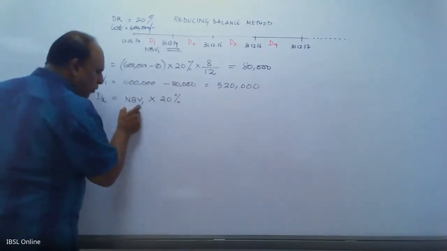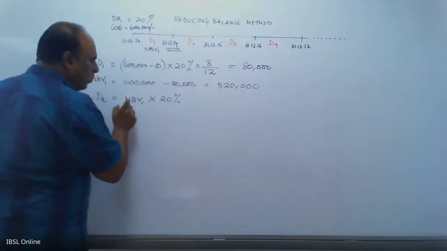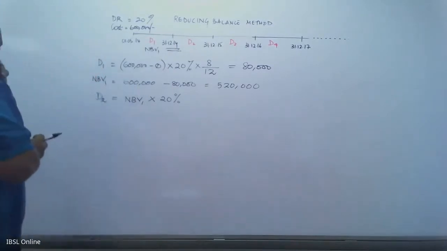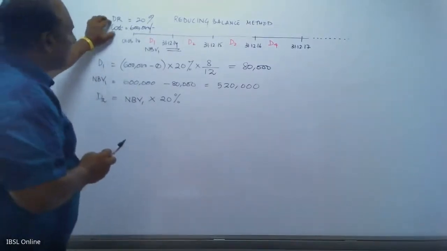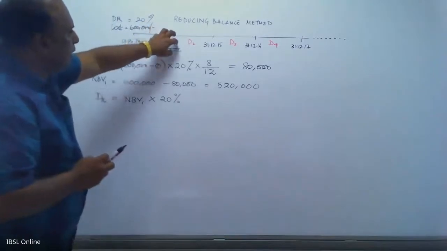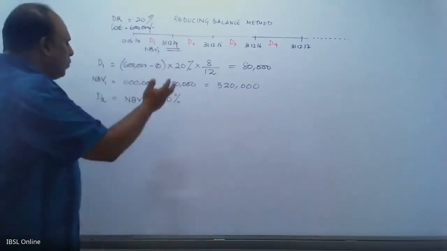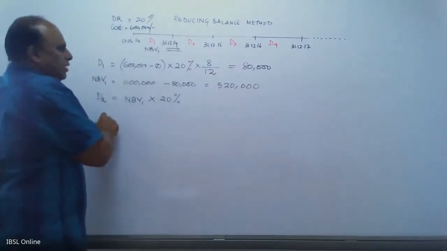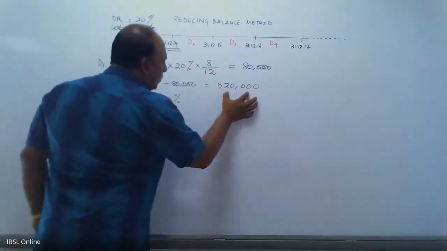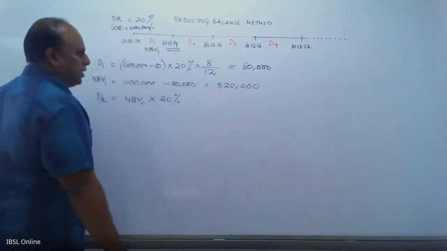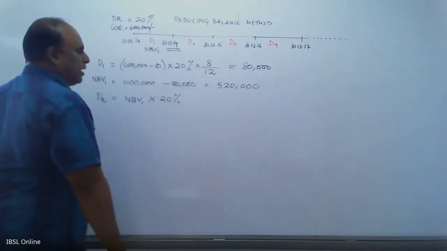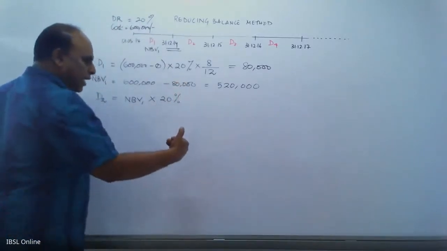The original cost of the asset was 600,000, but when you go to the second financial year, it has come down to 520,000. What has happened? The balance has reduced.